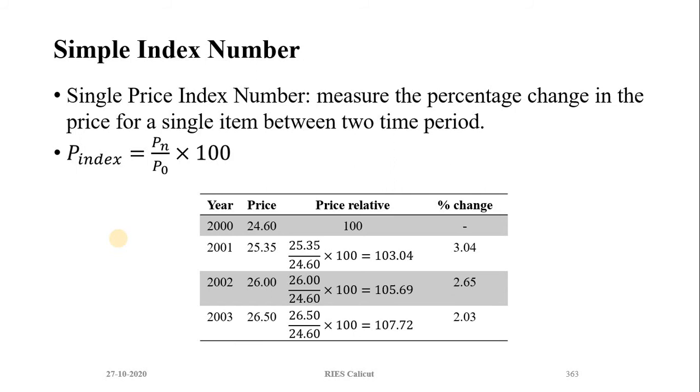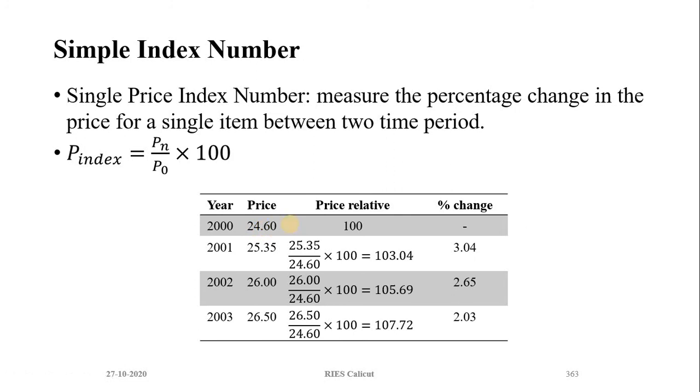This is a price for a product from 2000 to 2003. There are 4 different years, so we have 4 different prices. All these prices are of a single commodity. In 2000 the price of this commodity was 24.60.